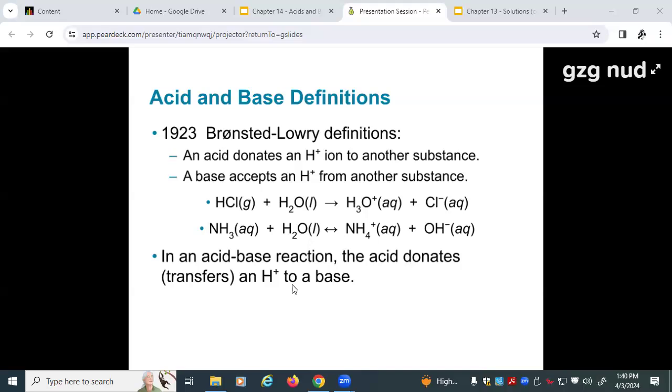In the Bronsted-Lowry model, what we focus on instead of formula is reaction. So we think about acids and bases as things that react with each other, and we base our definition of the acid and of the base upon how they react and what they do in that reaction.